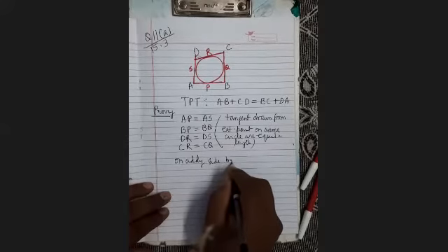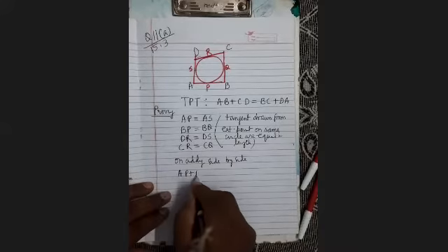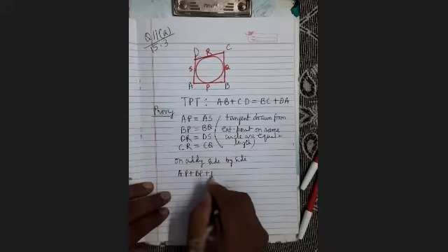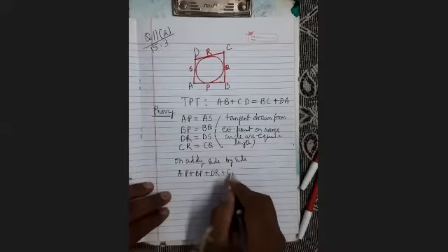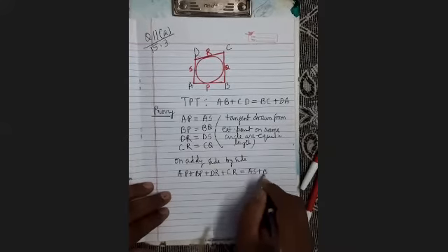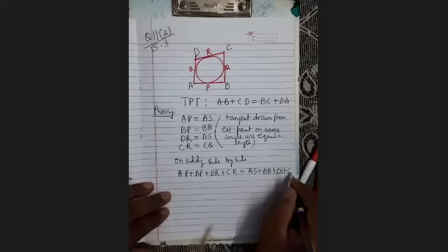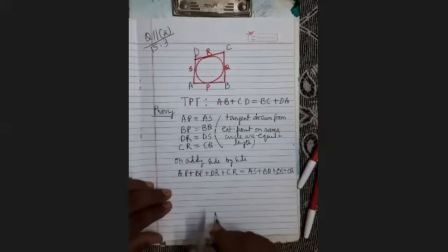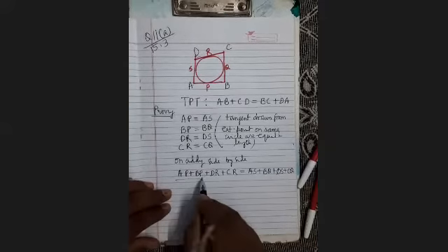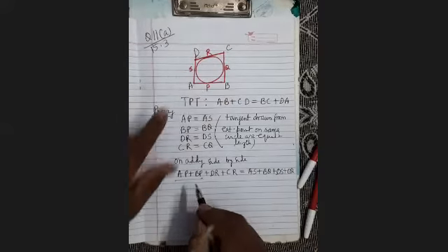On adding side by side, it will be AP plus BP plus DR plus CR equals AS plus BQ plus DS plus CQ. Now you can see here AP plus BP is how much? AB. CR plus DR is how much? CD.